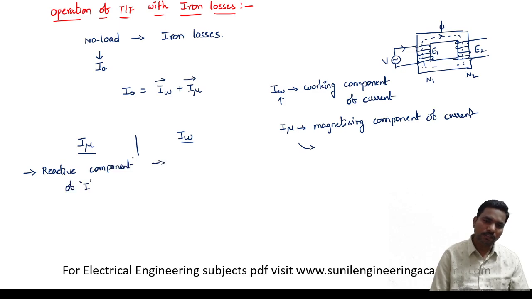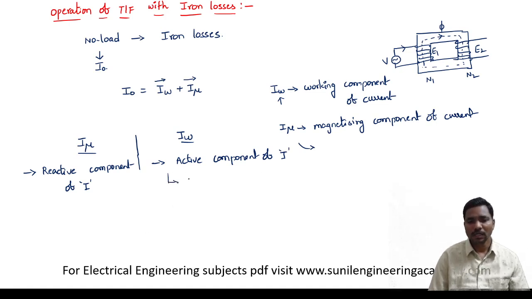Here IW is the active component of current. That means it serves the iron losses. It serves the iron losses means you can say wattful component in the power.